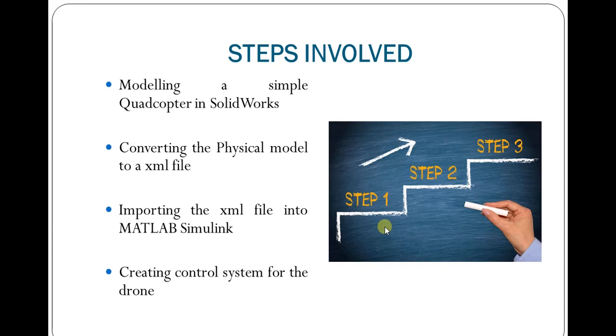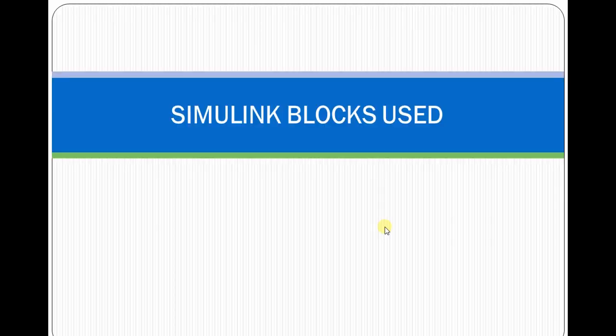So we have created how the movement is taking place in a drone, basic movements like going up and turning right and turning left. And we have also seen the Simulink blocks used in this particular session.